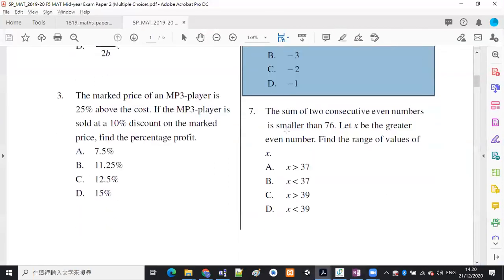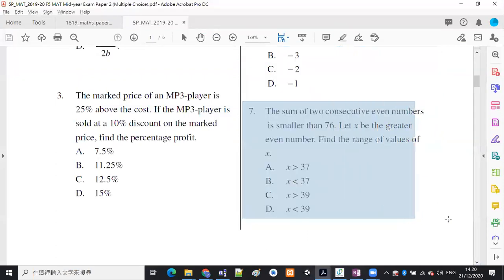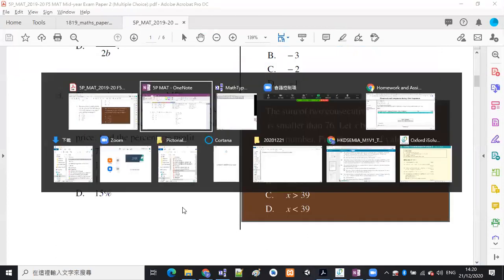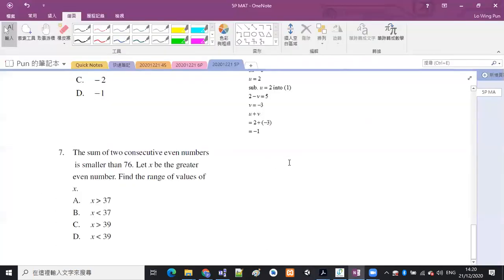Number 7. The sum of two consecutive even numbers is smaller than 76. Let x be the greater even number. Find the range of values of x.